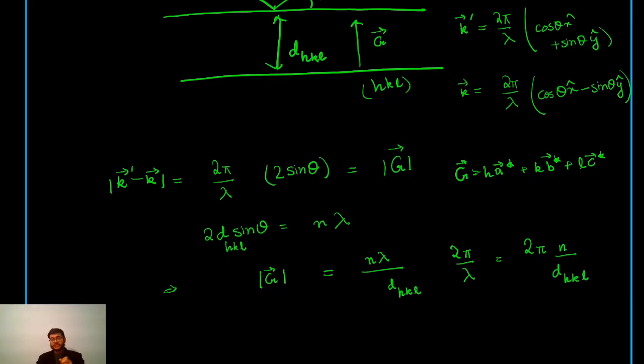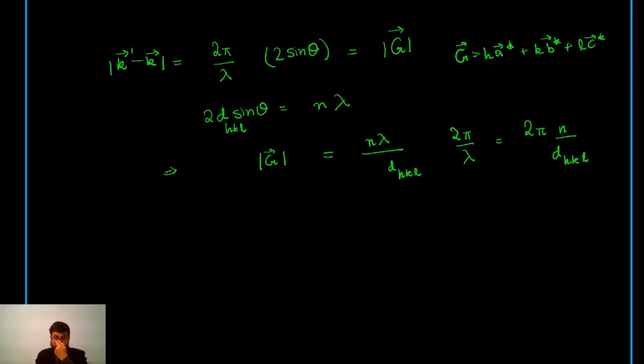So this is an important result: not only is the g vector parallel to d_hkl, with both perpendicular to the planes having Miller index hkl, but g and d are actually related by this relation, where n can be any integer.